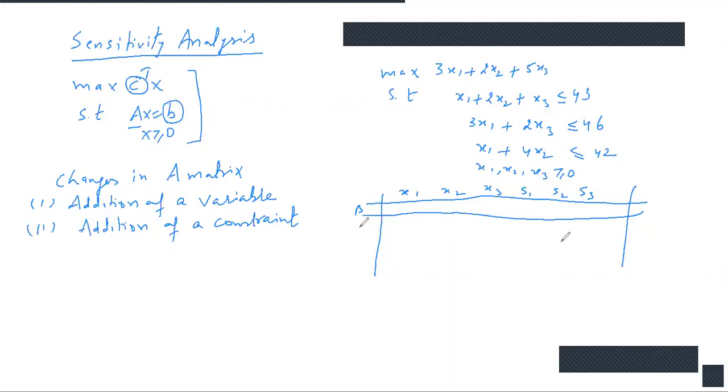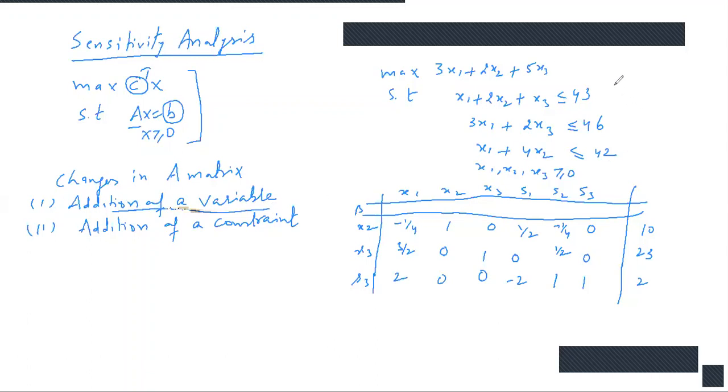The present bases are again x2, x3, s3, with rows minus 1 by 4, 3 by 2, 2, 1, 0, 0, 0, 1, 0, then 1 by 2, 0, minus 2, minus 1 by 4, 1 by 2, 1, 0, 0, 1, and the right-hand side is 10, 23, and 2.